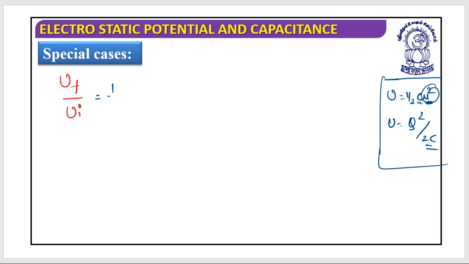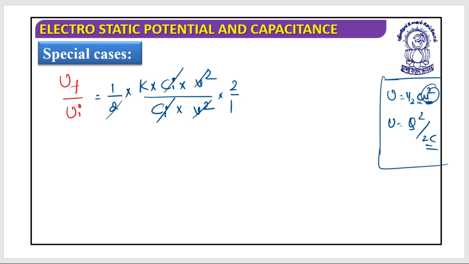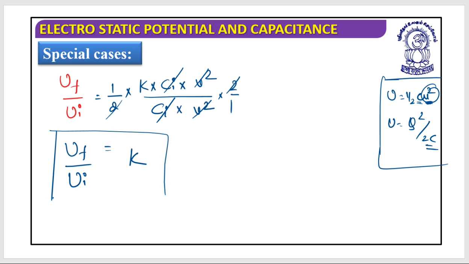So what I can have is half multiplied by K times C initial multiplied by V square, divided by half multiplied by C multiplied by V square, and this has been cancelled, this has been cancelled. So the energy stored final to the energy stored initial, UF by UI, is K.